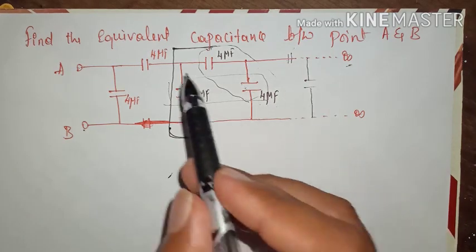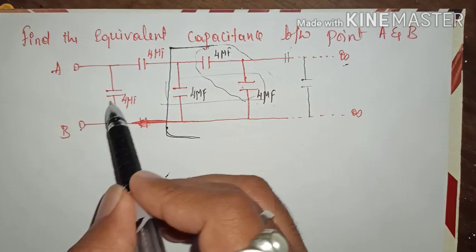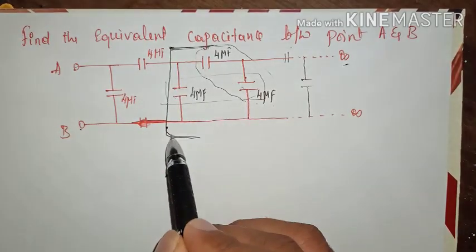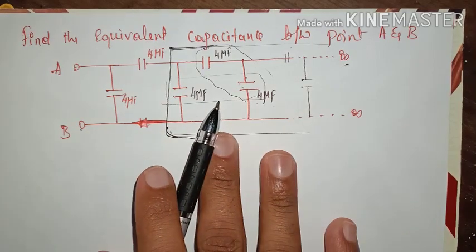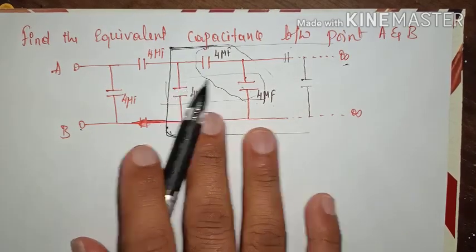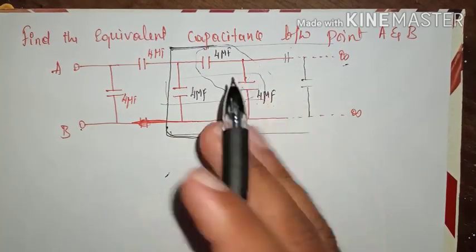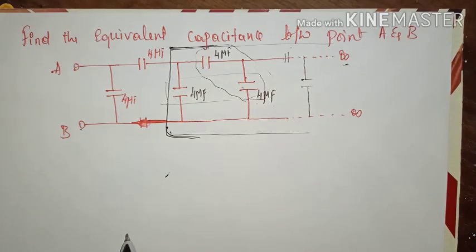So we are leaving the first terminals, and from here till infinity there will be a capacitance, right? That is an equivalent capacitance, but we don't know it. So we'll take it as some other variable. We are learning capacitance, so let us take it as C itself.